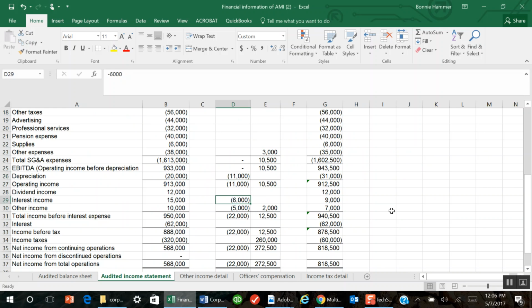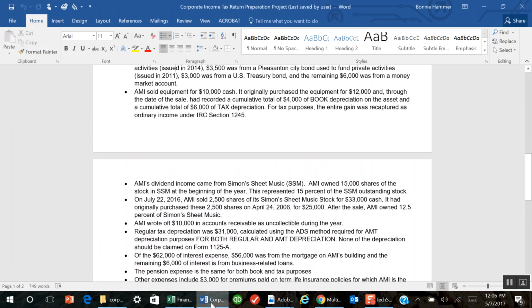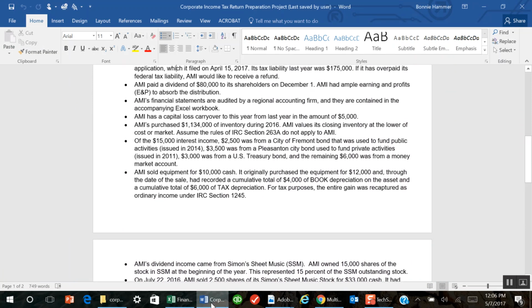So actually our next line item is interest income. Interest income for book purposes was $15,000. And then I told you in the facts, of the $15,000 interest income, $2,500 was from a City of Fremont bond, so that's a muni bond, which we know is tax exempt, that was used to fund public activities.